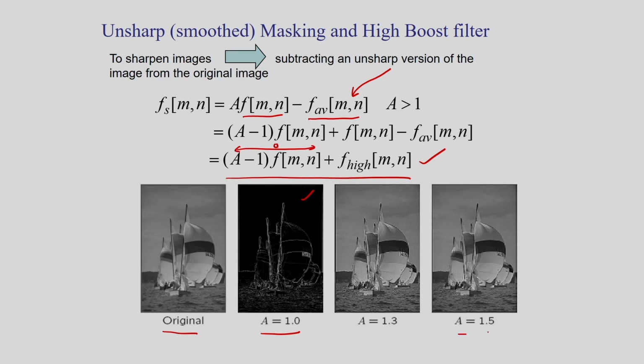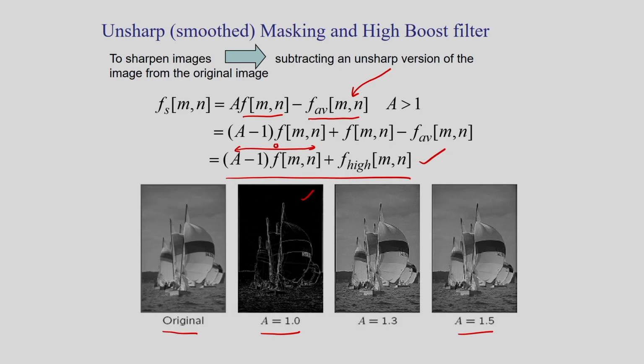If I consider A is equal to 1.5, that means I am considering more low frequency information as well as high frequency information. So by applying the high boost filter, I can consider both low frequency information and the high frequency information.